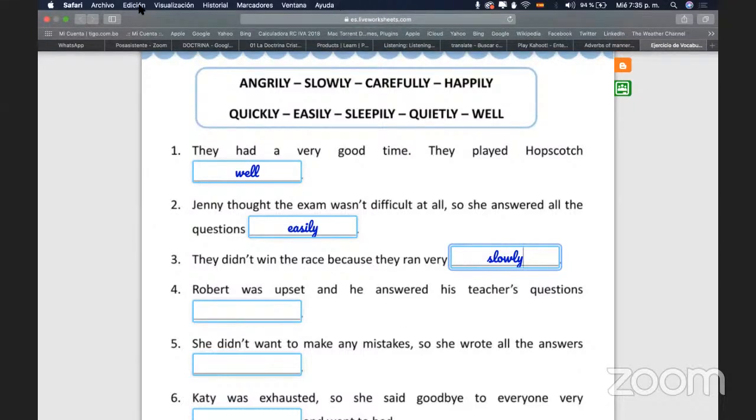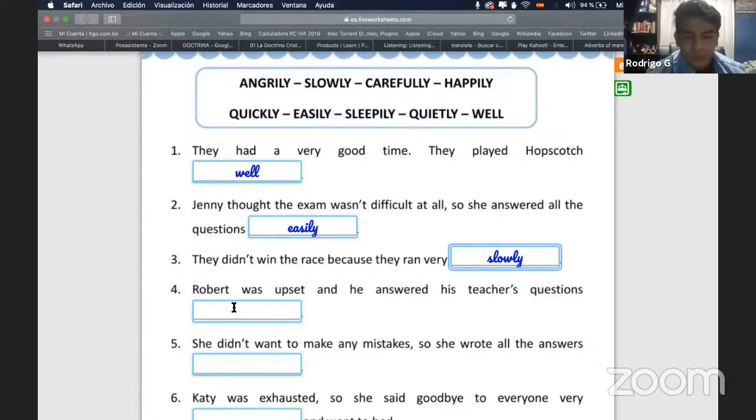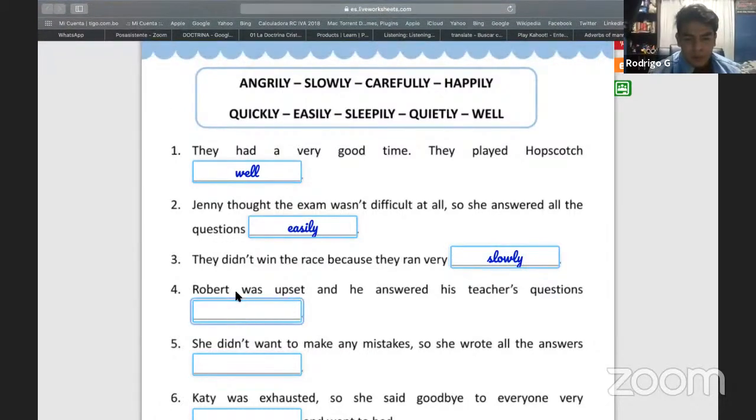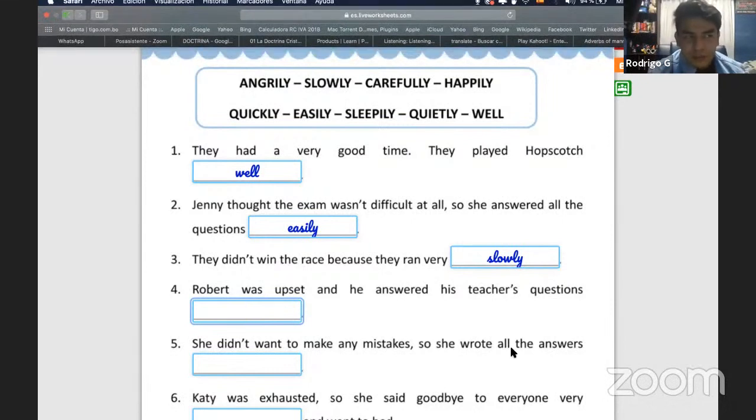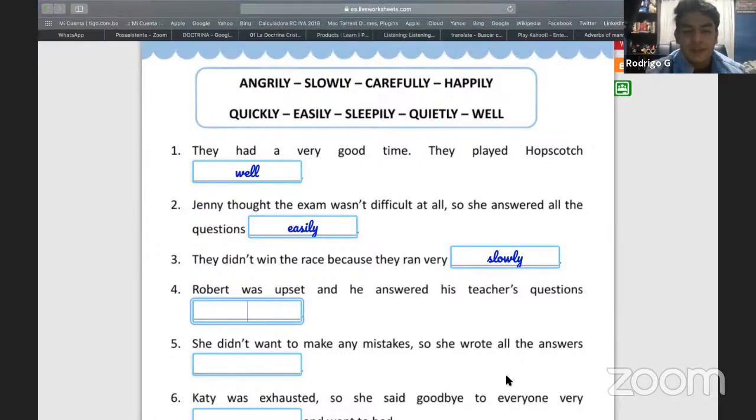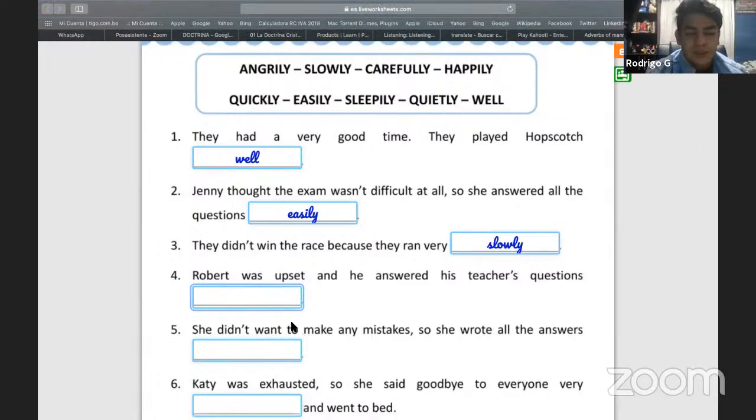I don't remember. Upset is like angry, no? So I think that angrily is possible.